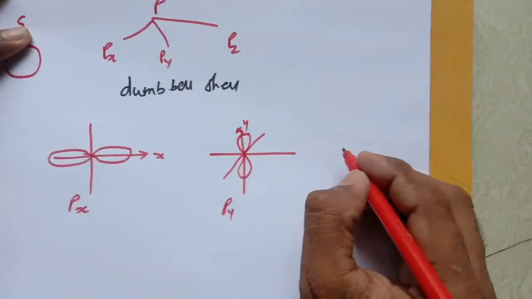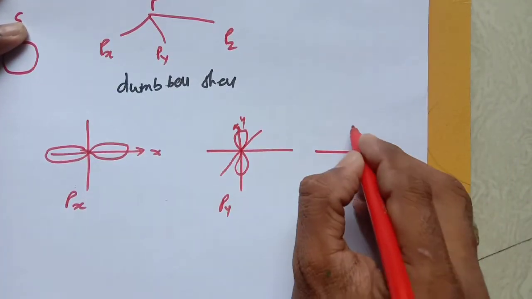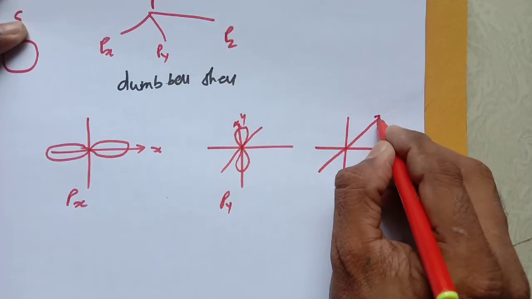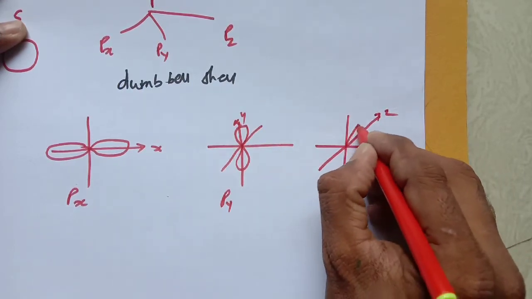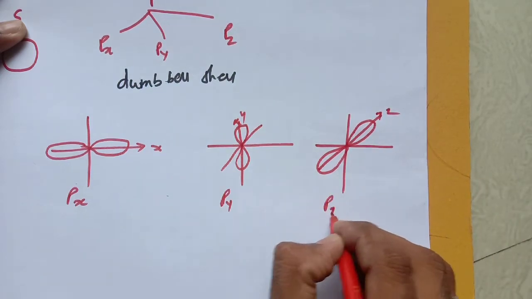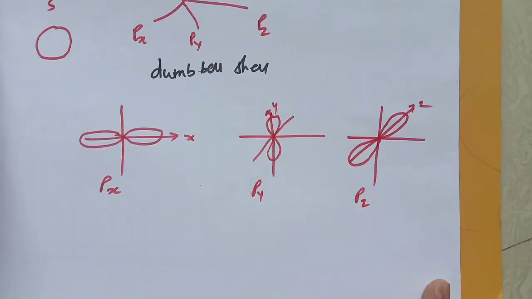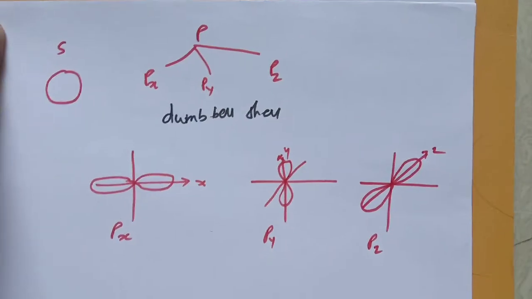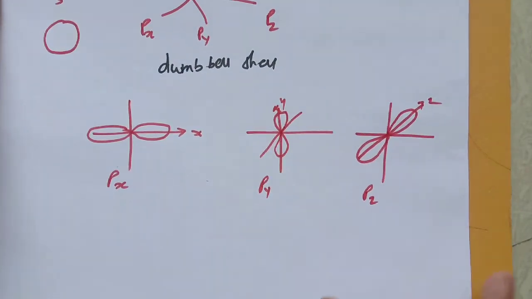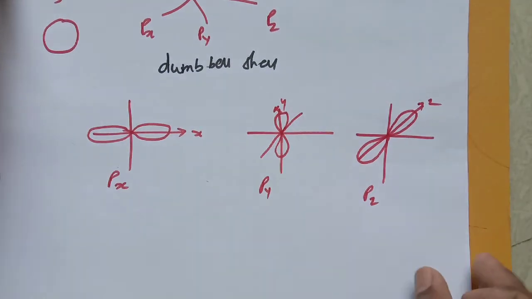And pz is oriented along the z-axis, and this is called pz. So this is the structure for the s and p subshells. This is px, py and pz. Now, according to the definition of the sigma bond, these atomic orbitals undergo axial overlapping.